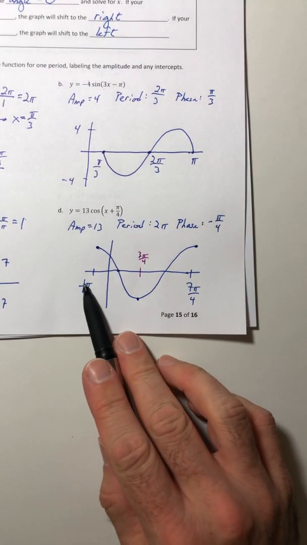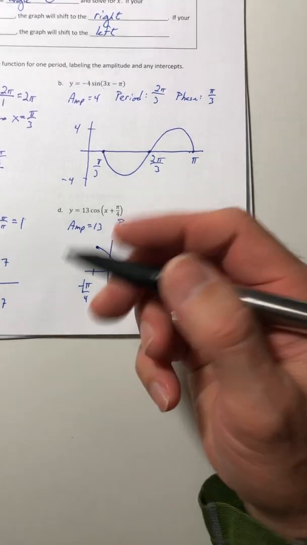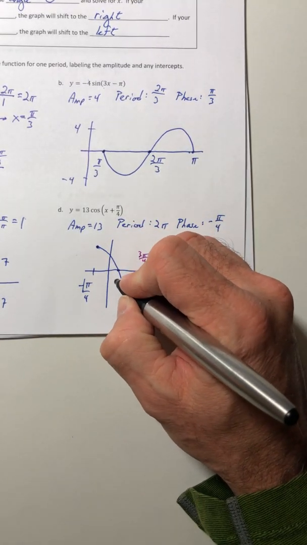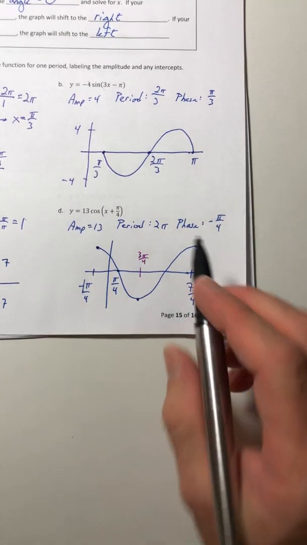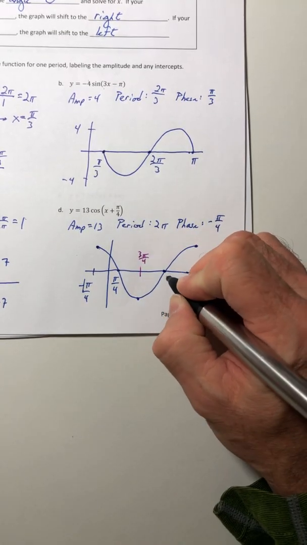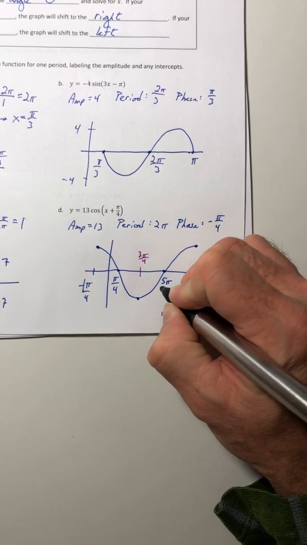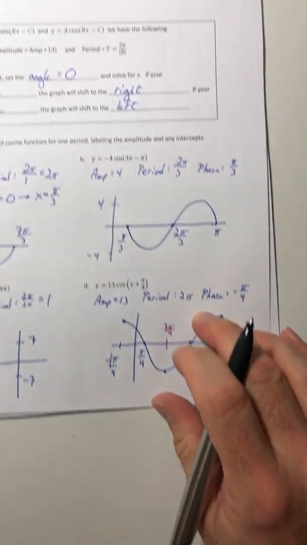Okay, so then just figure out what's in between -1 and 3. That'd be a 1. So 1 pi over 4. And then in between 3 and 7, that'd be a 5. So 5 pi over 4. And there's your cosine curve.